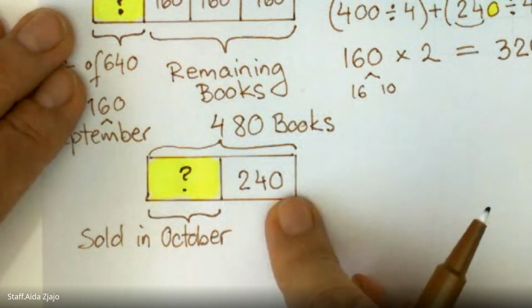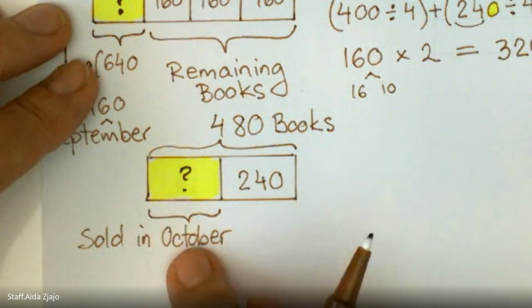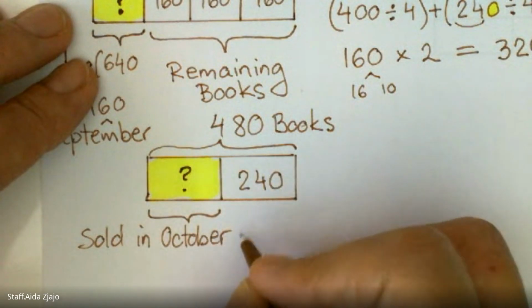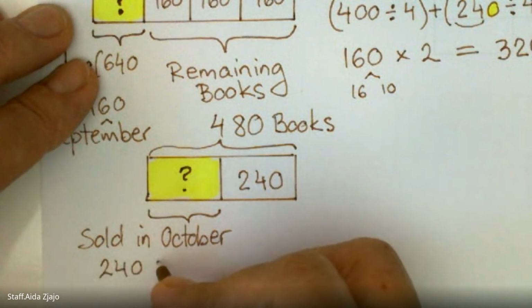So there are 240 books left, and he sold 240 books in October.